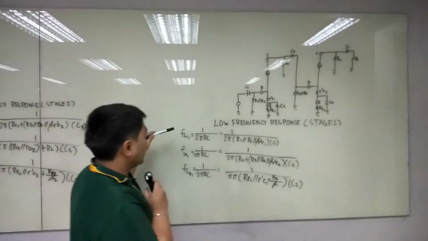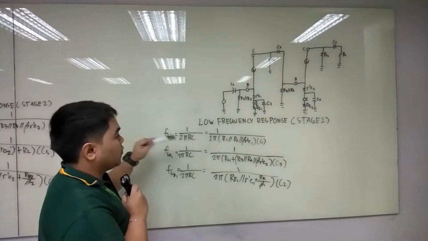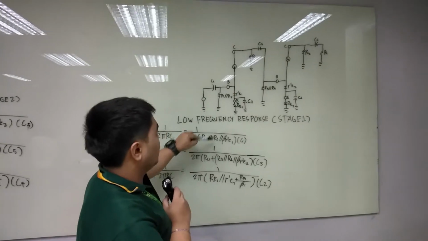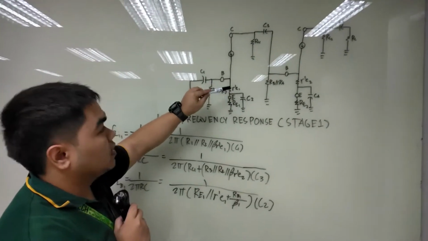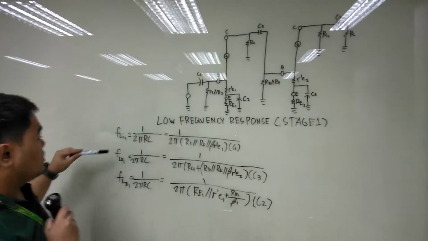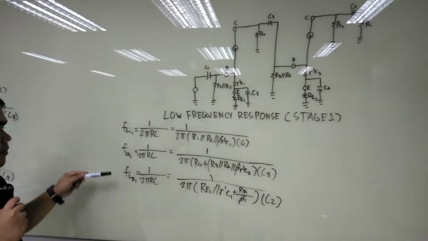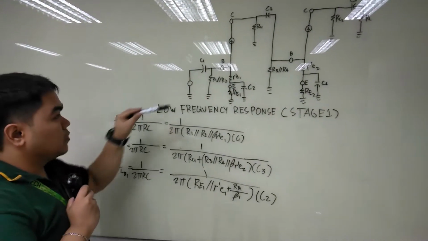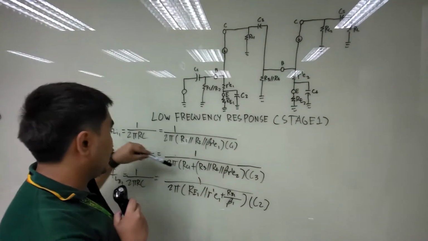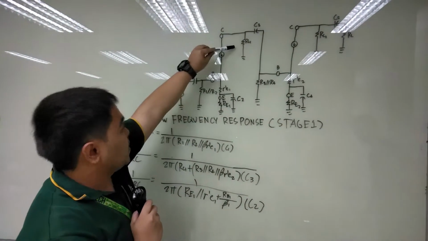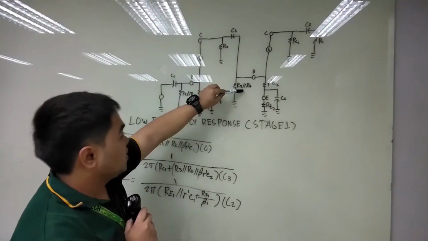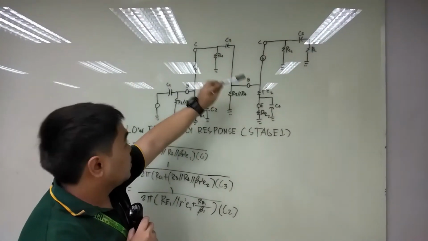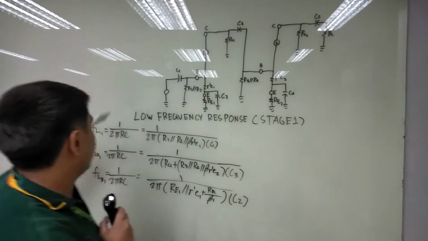So for FLI1, we use the equation 1 over 2 pi times R1 parallel R2 parallel R in base 1 times capacitor 1. For the FLO1, we use the equation 1 over 2 pi times RC1 plus R3 parallel R4 parallel R in base 2 times capacitor 3.